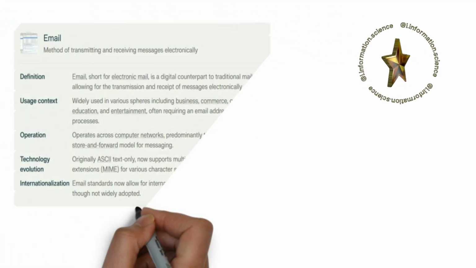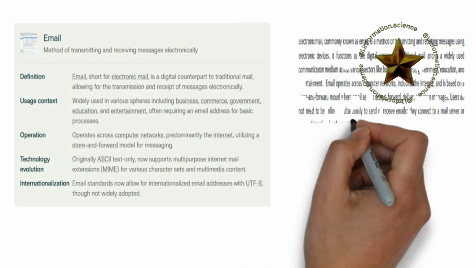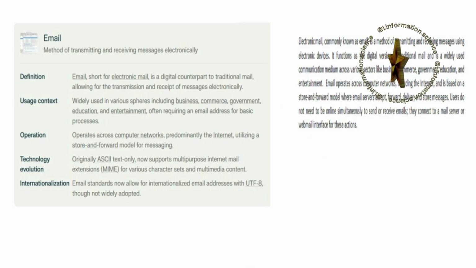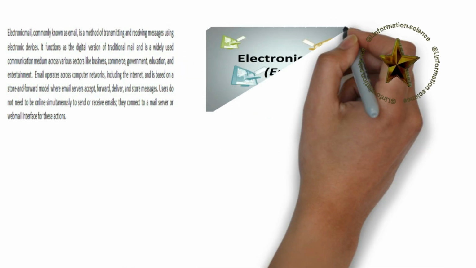Electronic mail, commonly known as email, is a method of transmitting and receiving messages using electronic devices. It functions as the digital version of traditional mail and is a widely used communication medium across various sectors like business, commerce, government, education, and entertainment.